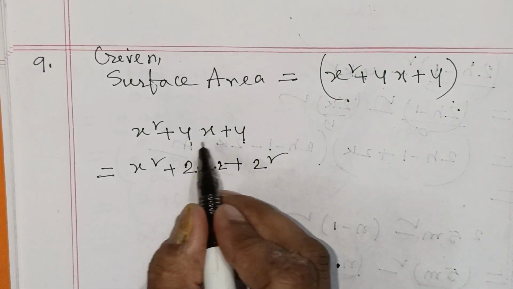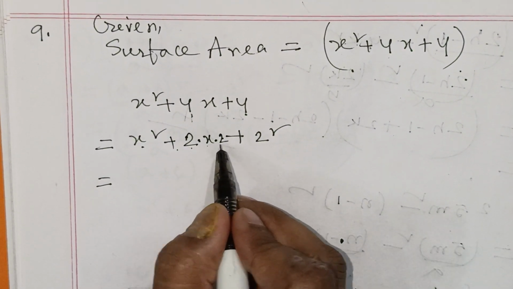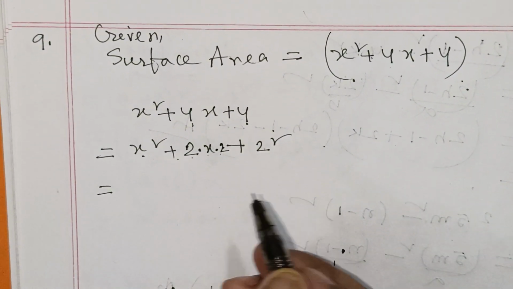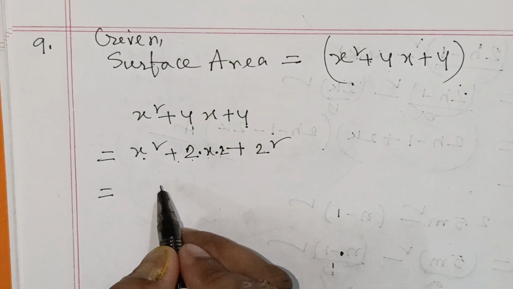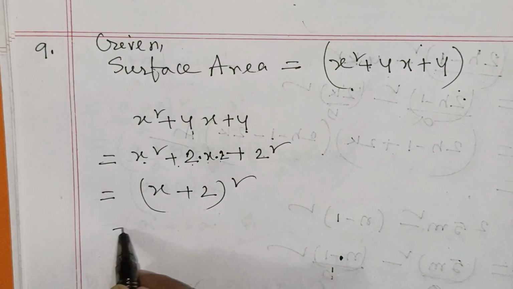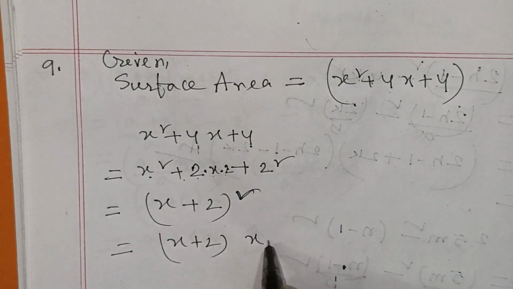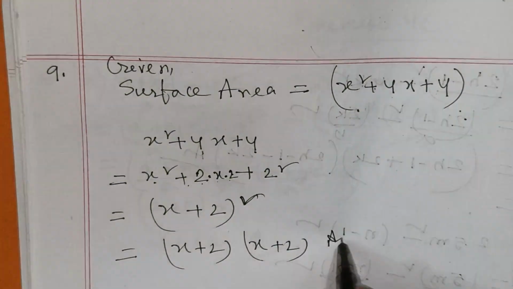So 2 twos are 4, so 4x is arranged. So a square plus 2ab plus b square, formula is (a plus b) whole square. So here I use the formula (a plus b) whole square. That's it. So whole square means I write this term two times: (x plus 2)(x plus 2). That's it. This is the answer.